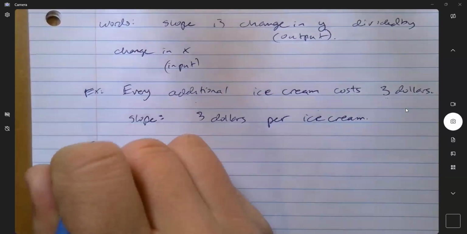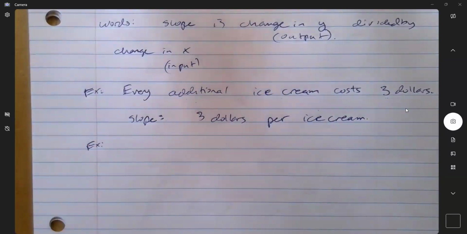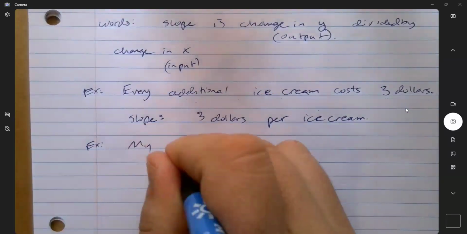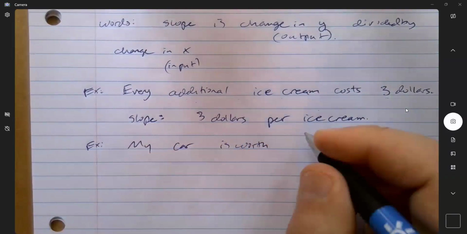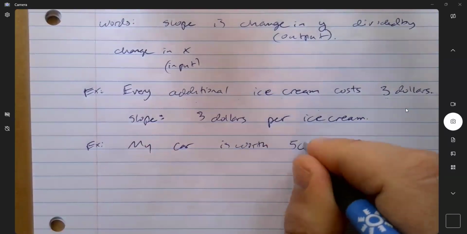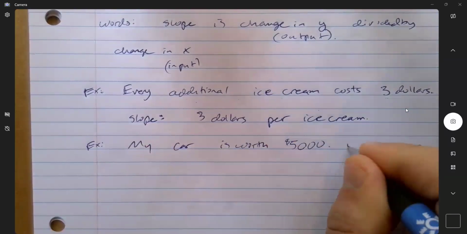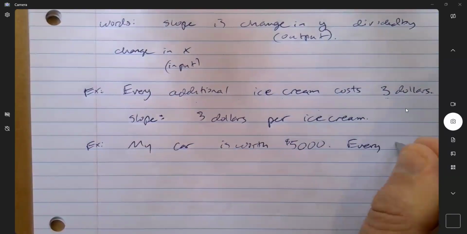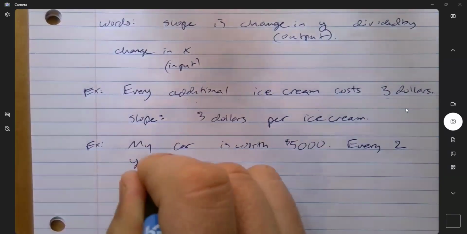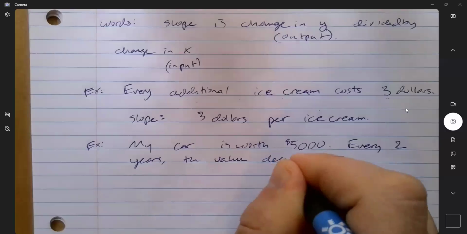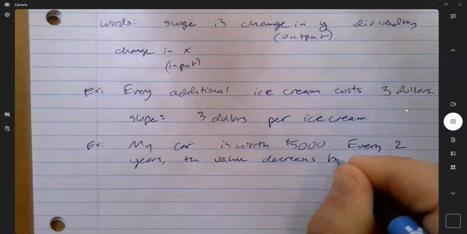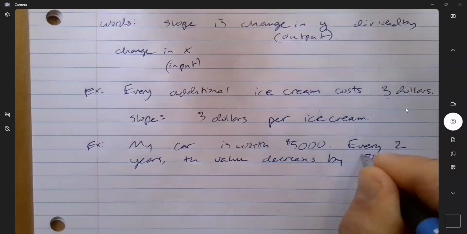You could say something like, let's see, my car is worth $5,000. Every 2 years, the value decreases by $800.